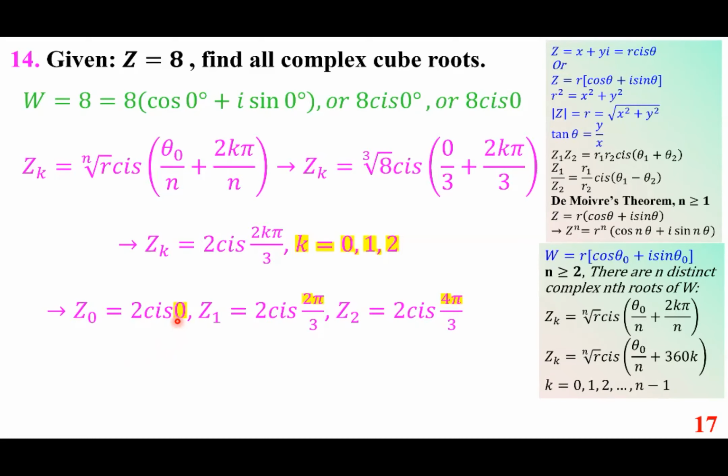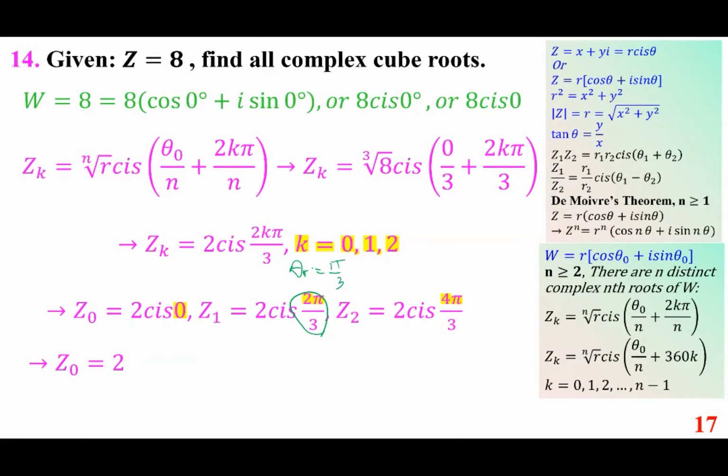because cosine of 0 is 1, sine of 0 is 0. Next is 2 pi over 3. For 2 pi over 3 the reference arc is pi over 3.